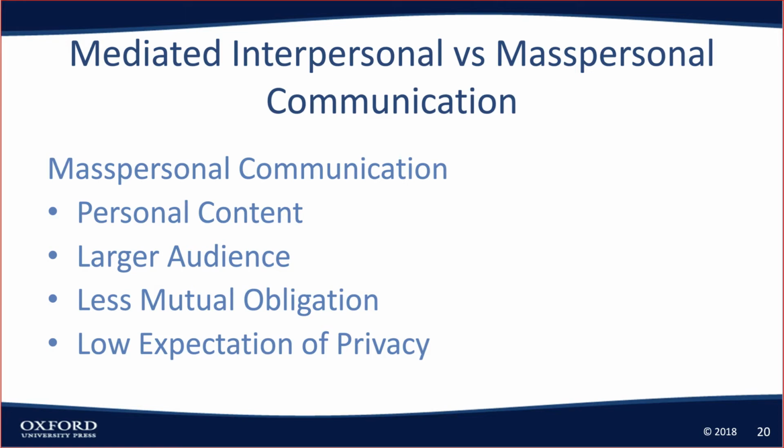I imagine if I actually had a Twitter account, I would probably have more than 6 people following me, and I might still send out similar things, but I would realize the audience is larger, so I think I would pull back a little bit on the personal content.